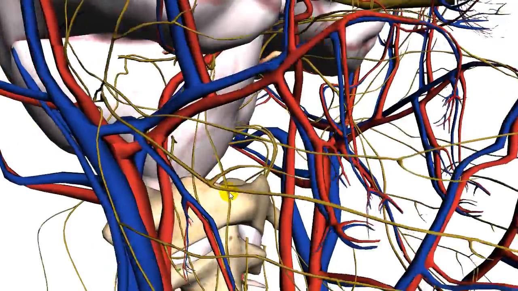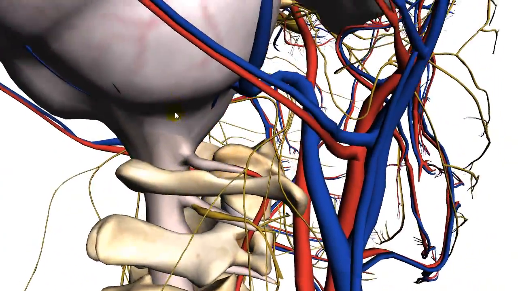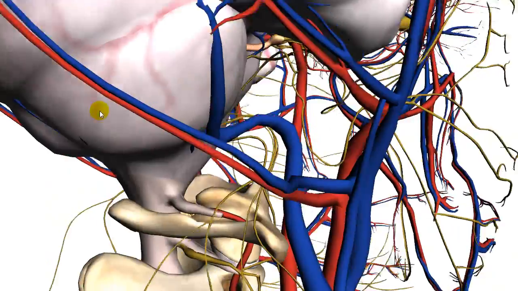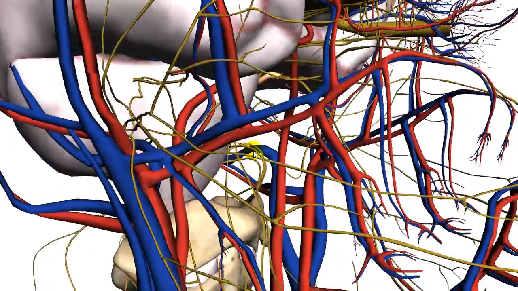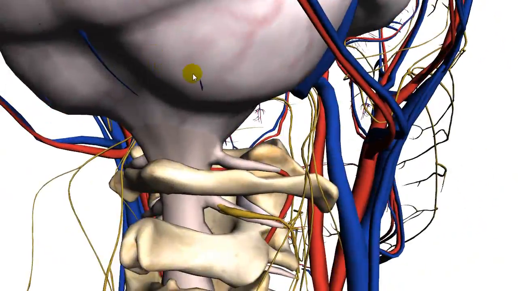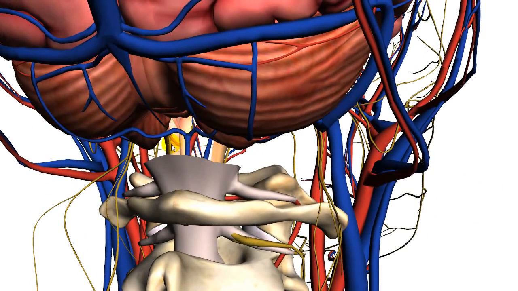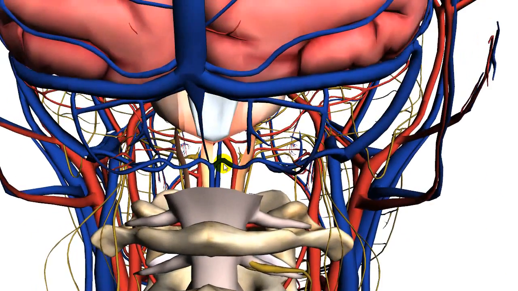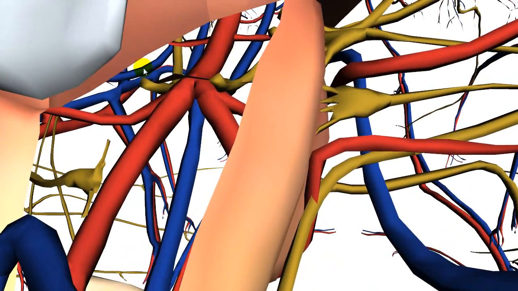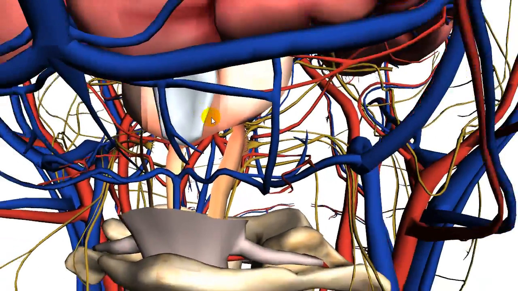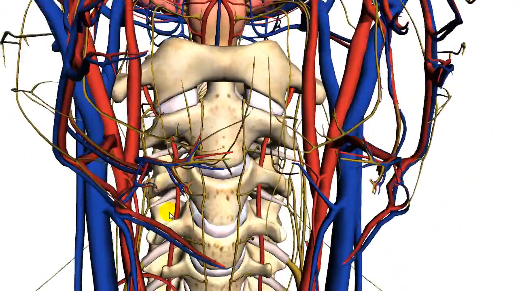I haven't got the skull here, but it runs through the foramen magnum and to the base of the brain, where it joins the circle of Willis. So yeah, it comes up and joins here, which is at the base of the brain. So that's what the transverse foramen is for.